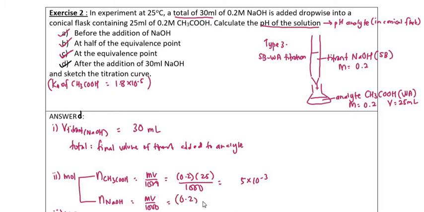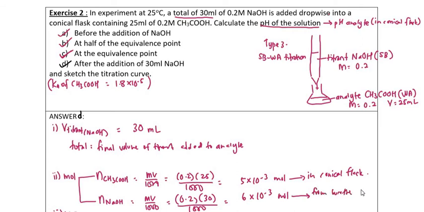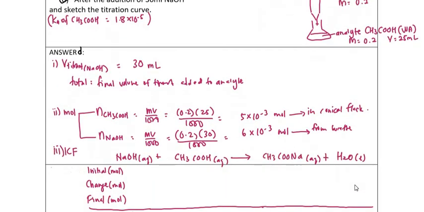Molarity multiplied by the volume you added, at 30 ml, that means volume of base 30 ml over 1000, and you will get 6 exponent negative 3. This is the mole of acetic acid in the conical flask. This is the mole that was added from the burette after addition of 30 ml. Okay, next step, as usual, you have to do the ICF table.